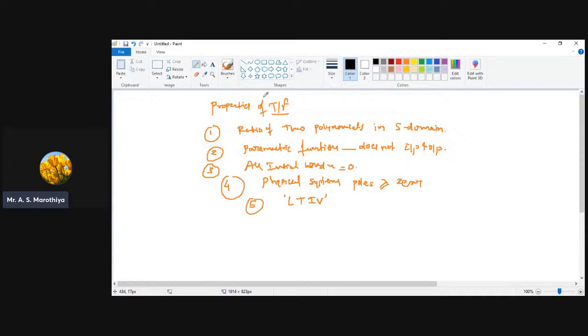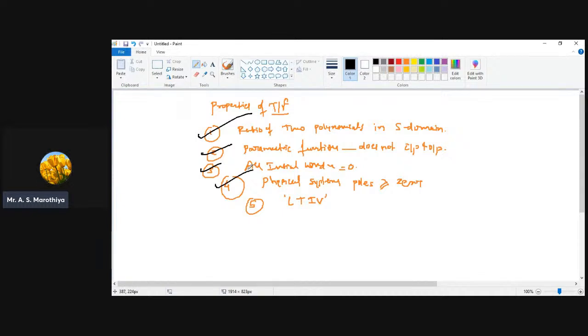First property is it is the ratio of two polynomials in frequency domain or in S domain. Second thing is that it is the parametric function of the system. That means it only depends on system parameters. It does not depend on input and output of the system. Then third is, while defining transfer function, we assume all initial conditions to be zero.